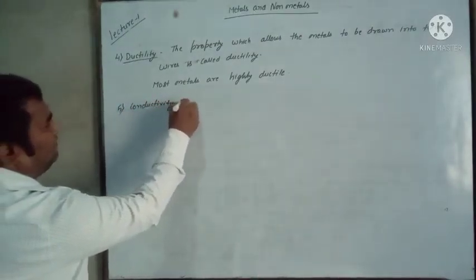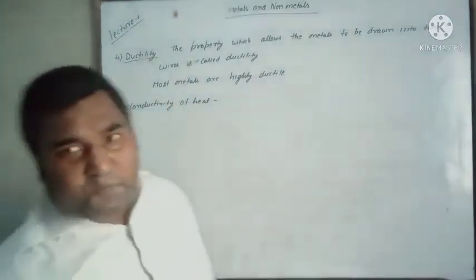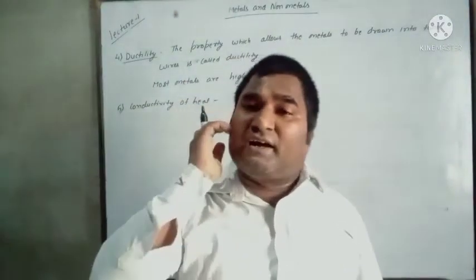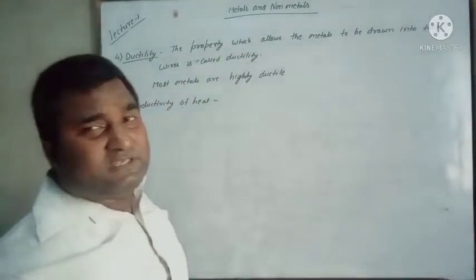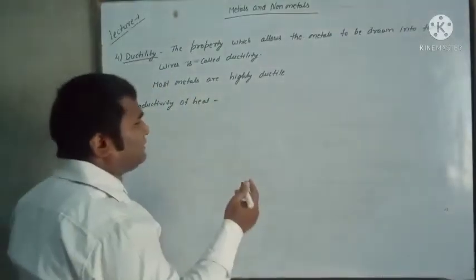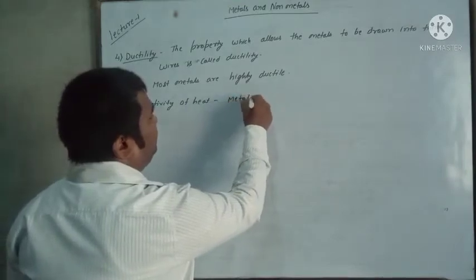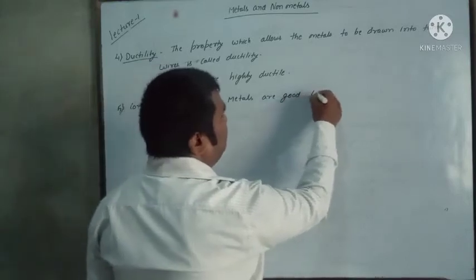Conductivity of heat means the property that allows the heat to pass through is called conductivity of heat. So we can say here most metals are good conductors of the heat.